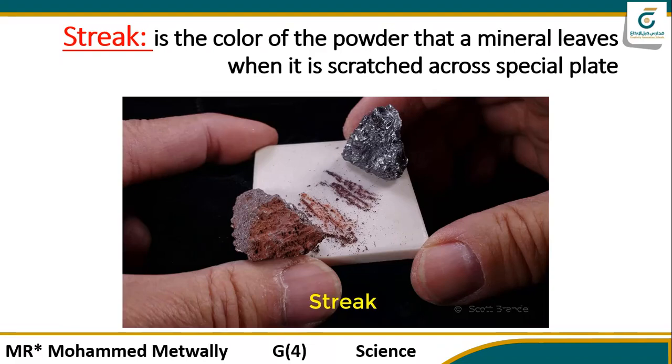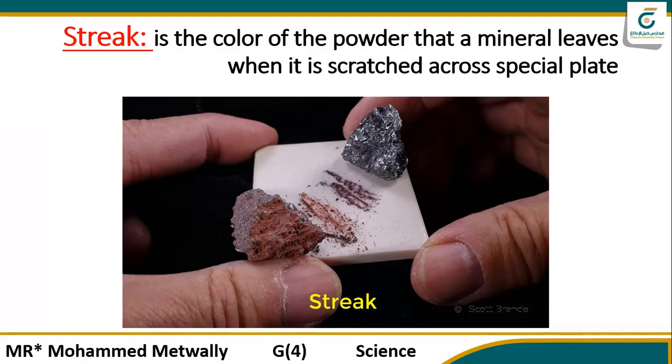As you see here in the figure, there are two different kinds of minerals. When we try to scratch them across a special plate, a white plate, to be obvious and clear for us to see the powder of the mineral, they leave powder which represents the streak of each mineral.